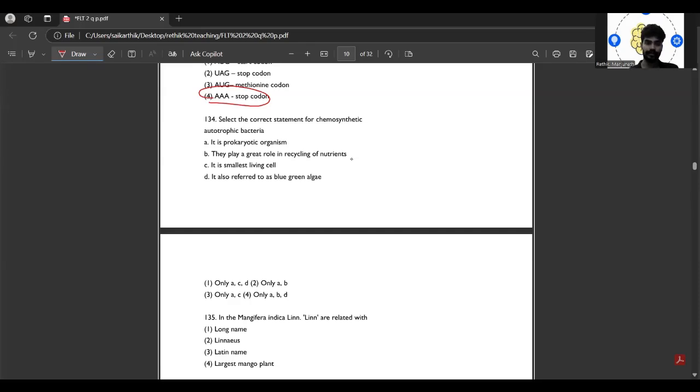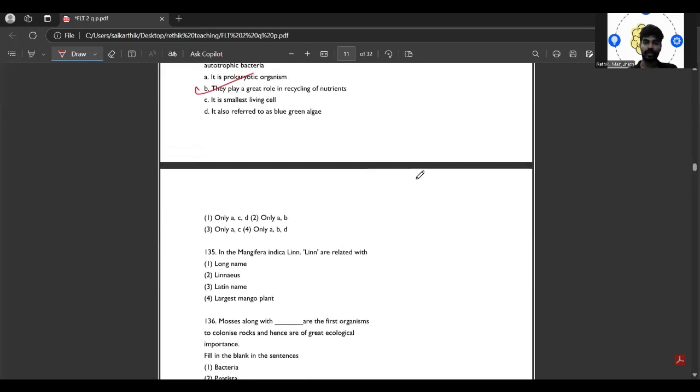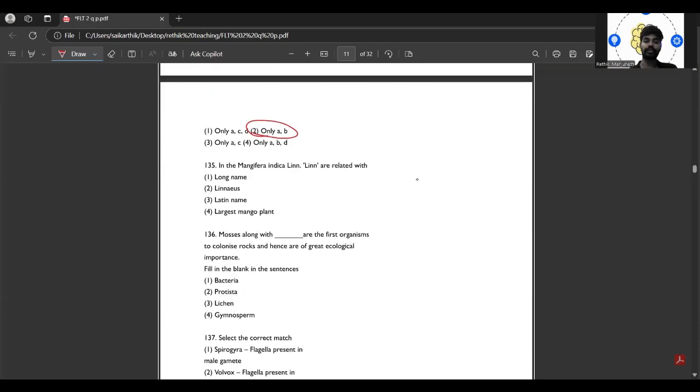So option 2 is the correct answer, because it is a prokaryotic organism, that is one thing, and they play a very great role in the recycling of nutrients. Autotrophic bacteria play a very important role in the recycling of nutrients, and they are prokaryotic, because that's what they said. Correct. So the correct answer is option 2, only A and B.